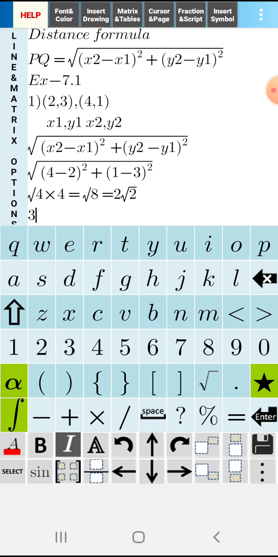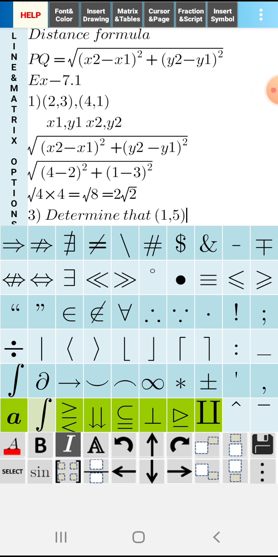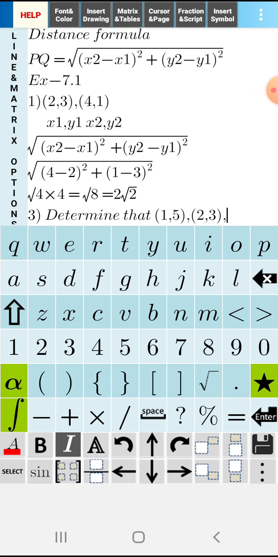So the next question, the third question, I will solve. Determine whether the points (1, 5), (2, 3) and (minus 2, minus 11) are collinear.